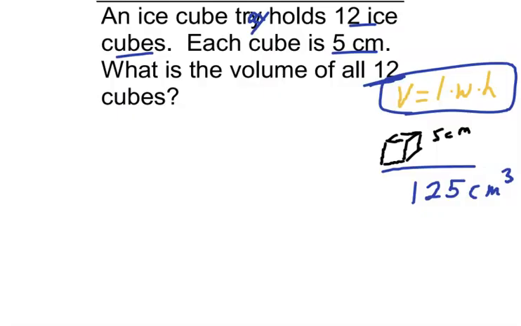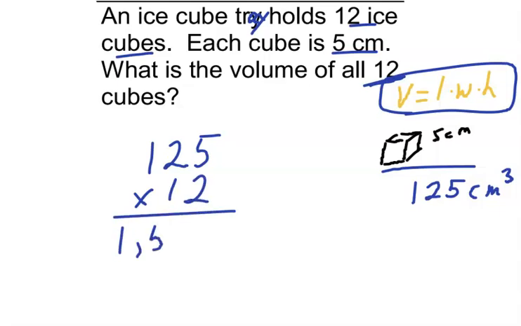So if you take 125 times 12, that's going to end up being 1,500. So the volume of all 12 cubes combined is 1,500 centimeters cubed. All right, there's your answer for that one.